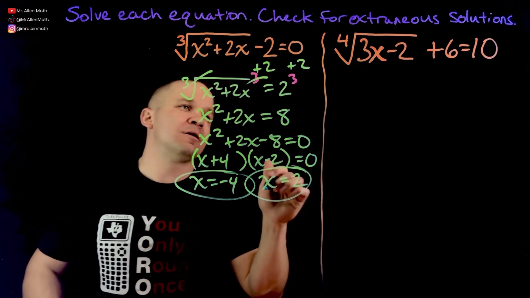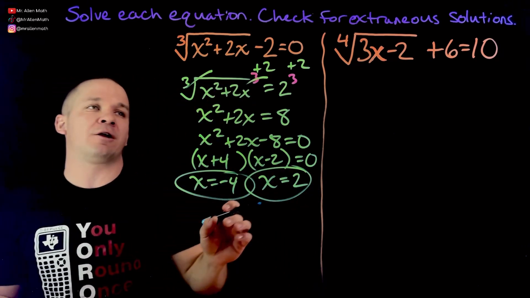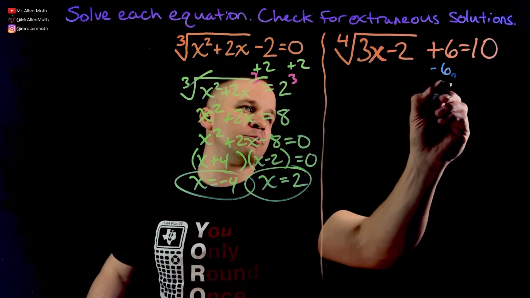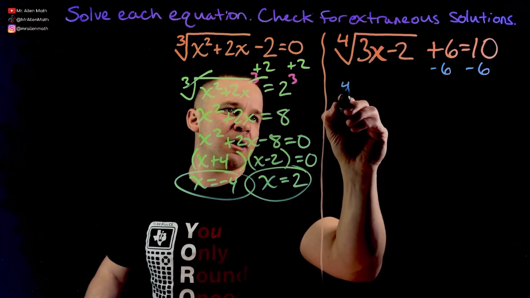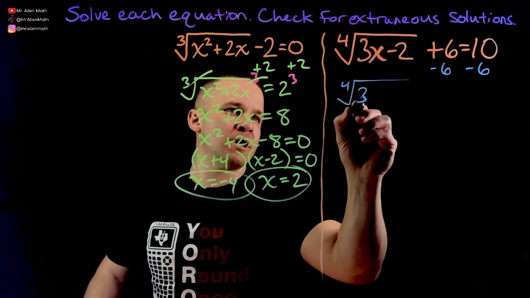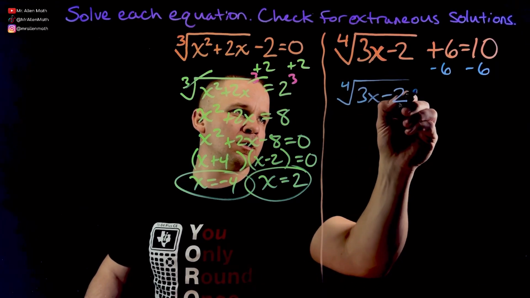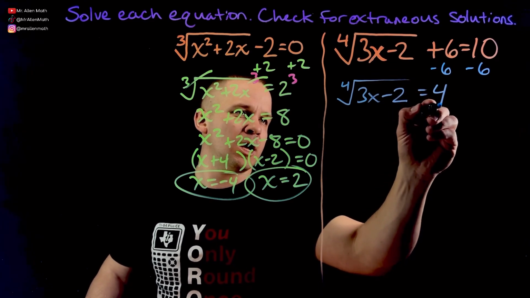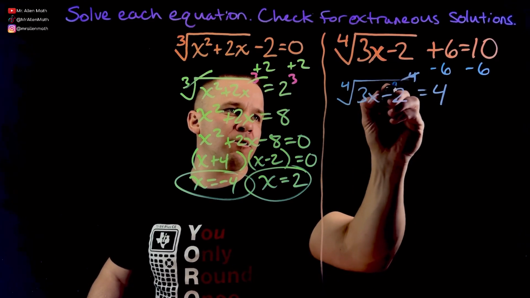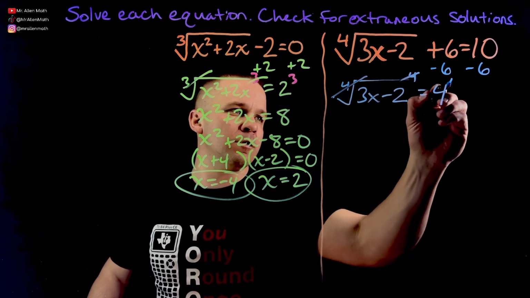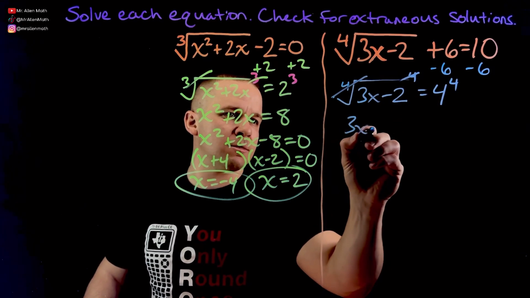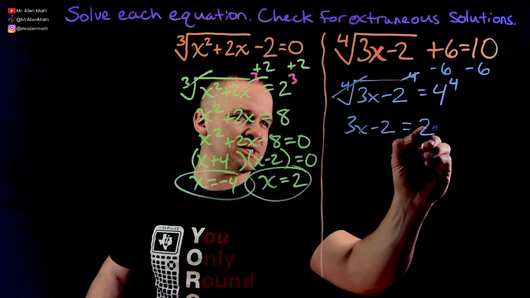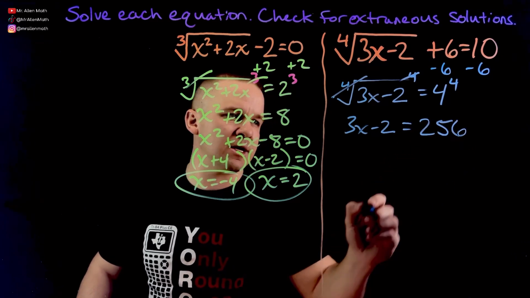Alrighty, next one here. I want to isolate the radical. The fourth root this time, I'll subtract 6 on both sides. So now I've got the fourth root of 3x minus 2 equals 4. I'm going to raise this to the fourth power. That will cancel out my fourth root, and now I have 3x minus 2 equals, what is that, 256? Yeah, 256.